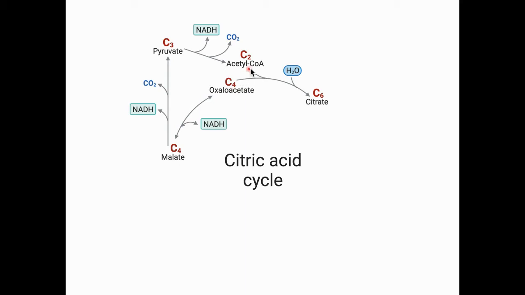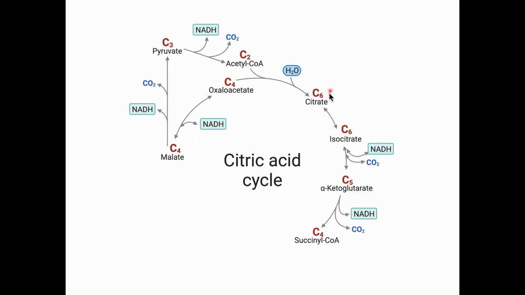Oxaloacetate together with acetyl-CoA, 4 carbon plus 2 carbon, and adding one more water molecule, will become a 6-carbon compound called citrate. This citrate can lose carbon dioxide twice.